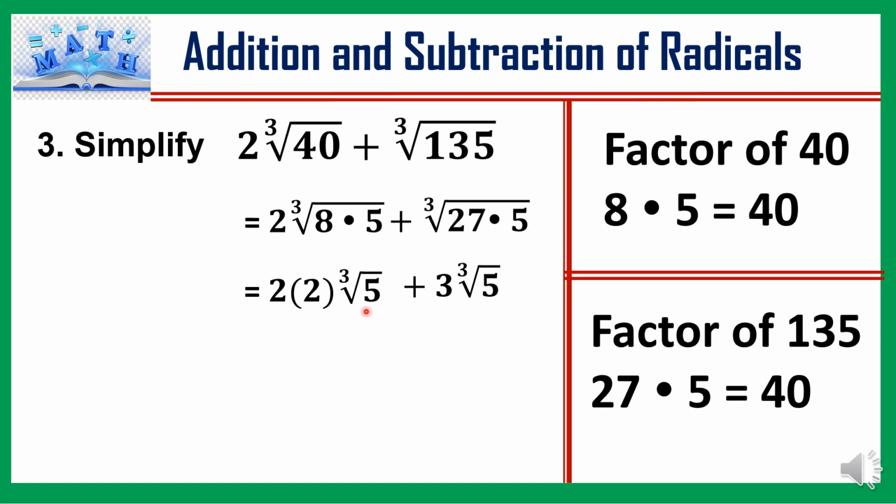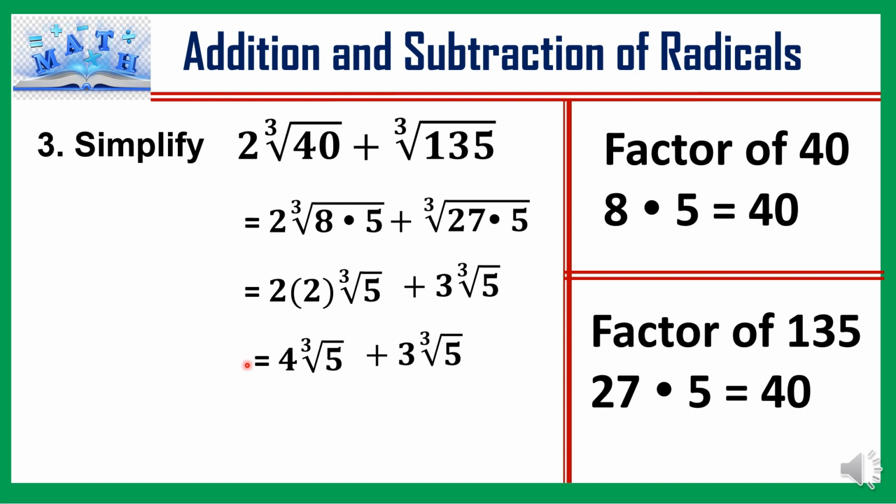So, next, simplify natin yung number na nailabas natin sa ating radical symbol with the number na dati nang nasa labas ng radical symbol, kagaya nitong 2. So, 2 times 2 will become 4. Then, copy cube root of 5. So, ito si positive 3 cube root of 5. Of course, kokopyahan lang po natin yan dito. So, ngayon, observe natin yung terms kung pwede pa tayong mag-simplify dito.